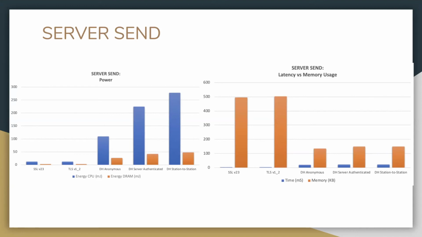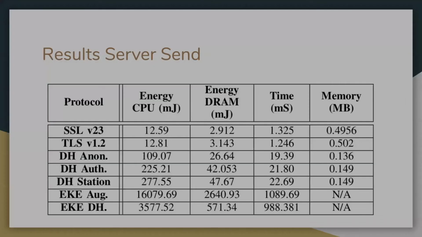Diffie-Hellman performed well compared to the other protocols at the time. One thing to mention here is that we think Diffie-Hellman used more energy because it was a custom implementation and wasn't as optimized as SSL and TLS. We'll see the actual numbers in the next slide.